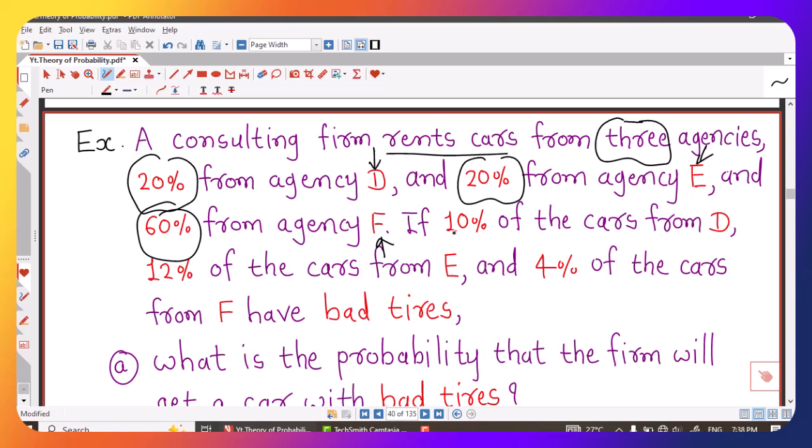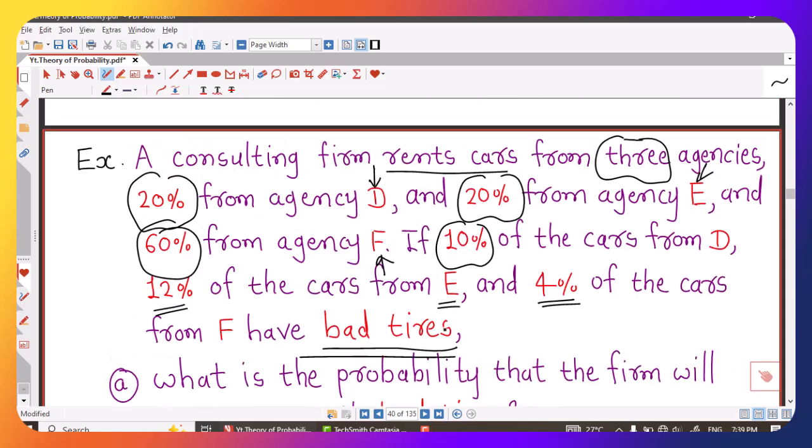Further, they are giving this information that 10% of the cars from agency D, 12% of the cars from agency E, and 4% of the cars from agency F have bad tires. They are taking cars from different agencies on rent, and they find the percentage of cars from different agencies which are having bad tires.